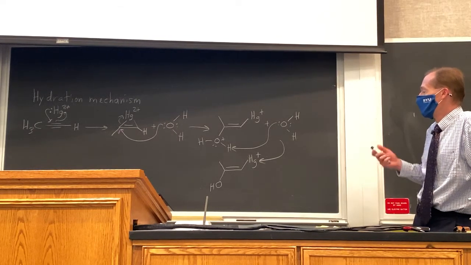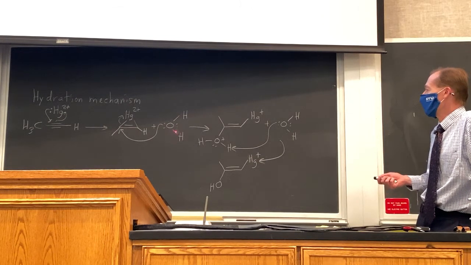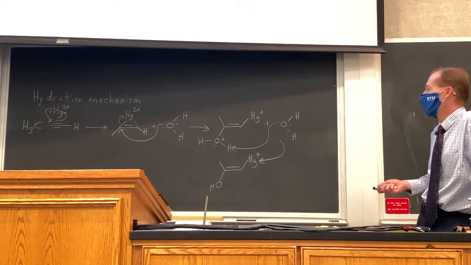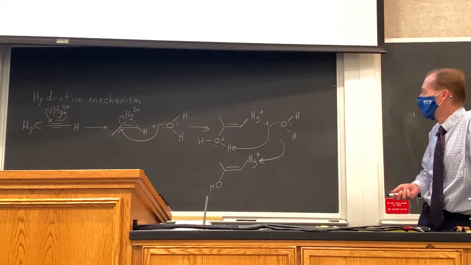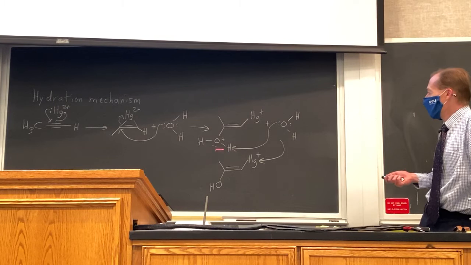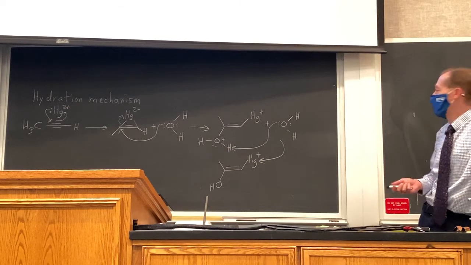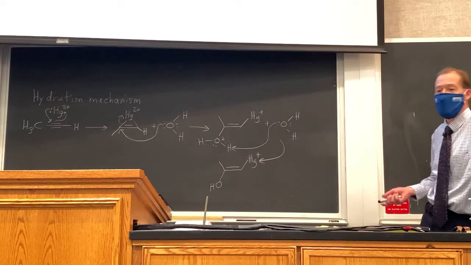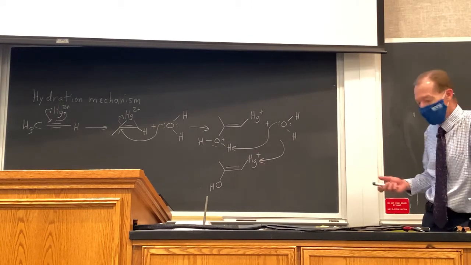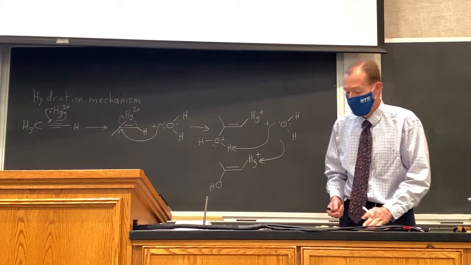So water opens this mercurinium ion at the more substituted carbon. There will be a partial positive charge on that carbon in the transition state. And then we have to deprotonate the oxygen using another equivalent of water, and that gives us this intermediate right here. And what can we call that intermediate?